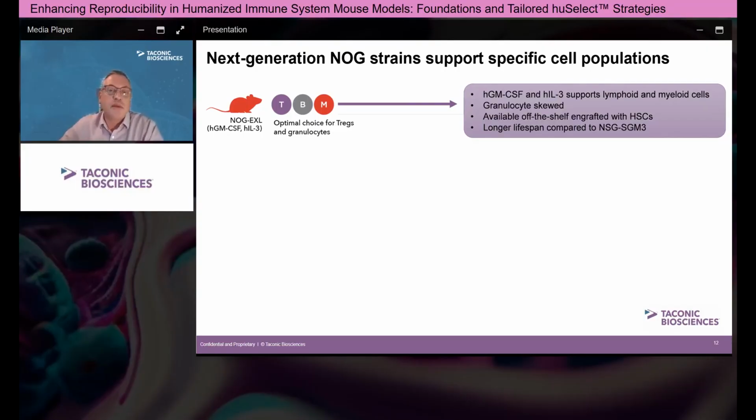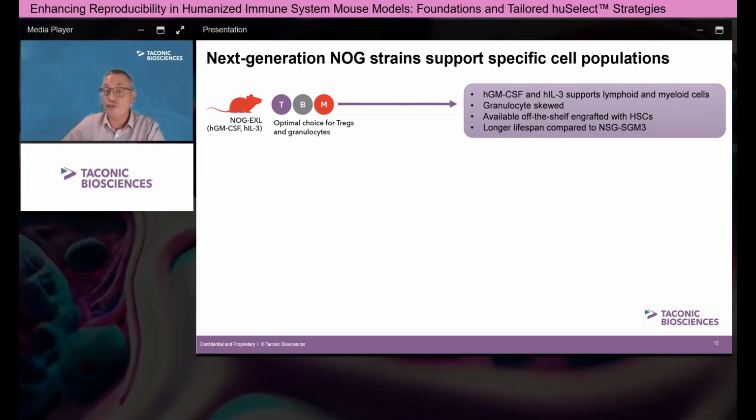The one that we have spent a lot of effort in characterizing and using is called NOG-EXL, which stands for extended lineage. This is a transgenic NOG that expresses human GM-CSF and human IL-3. This supports both lymphoid and myeloid cells. The myeloid cell population tends to be granulocyte skewed.